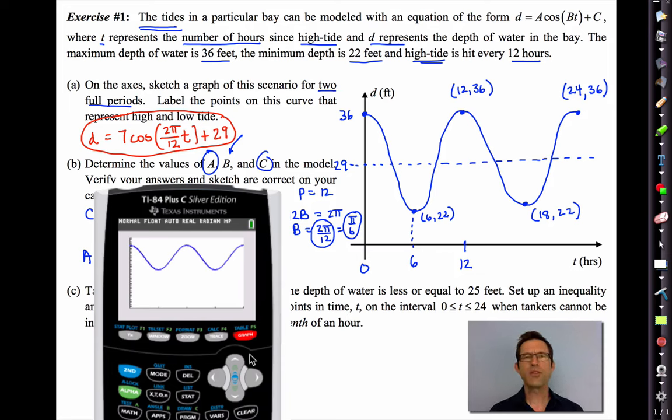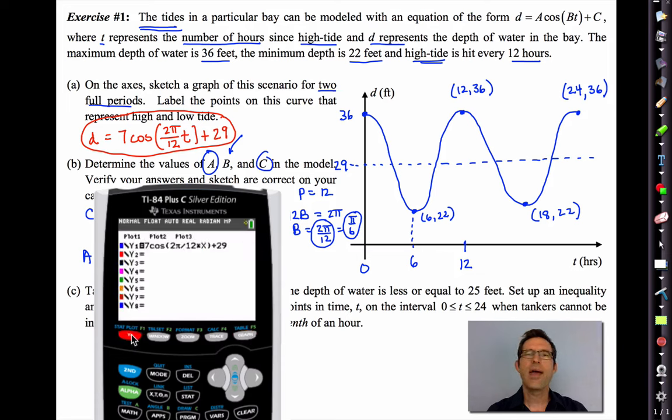Well, let's make our TI-84 Plus big again. Let's go back into y equals, and in y2, let's just put in y2 equals 25. Okay? So, put that in. We don't have to do anything with the graph. And now let's hit graph.